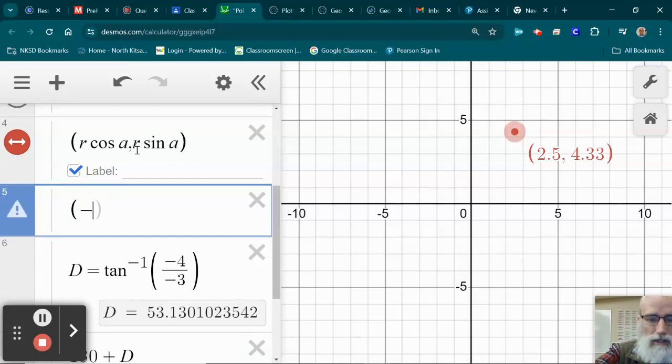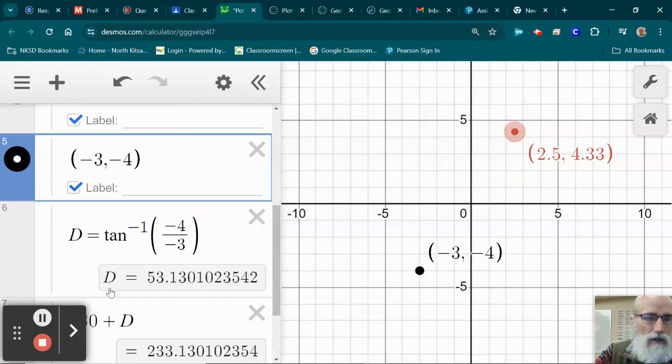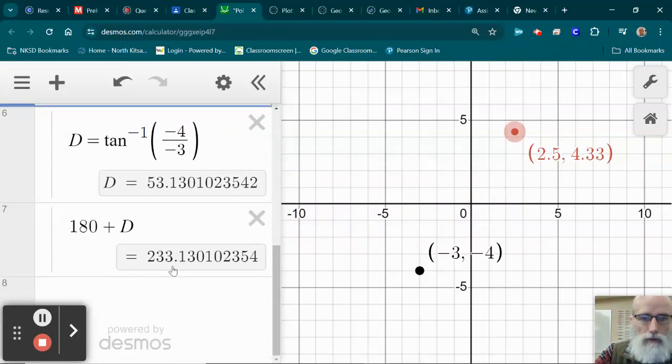Let's put it at -3, comma, -4, right? And let's label that point. That's my point right down there. But that's definitely not a 53 degree angle, right? So what angle am I at right there? Well, it'd be 180 plus that, or 233. So I'd be at a 233 degree angle to get down to that point, right? And it would be 5 away from the pole.